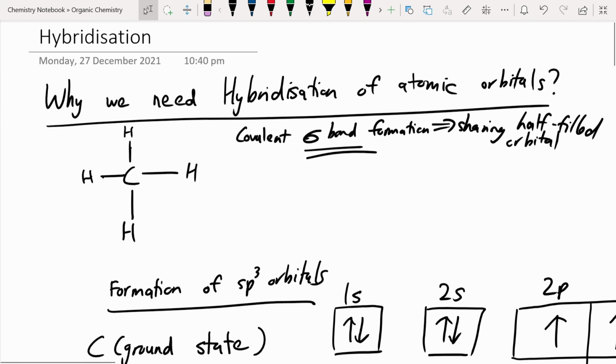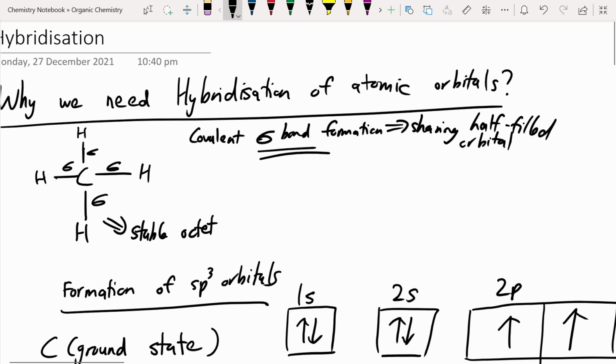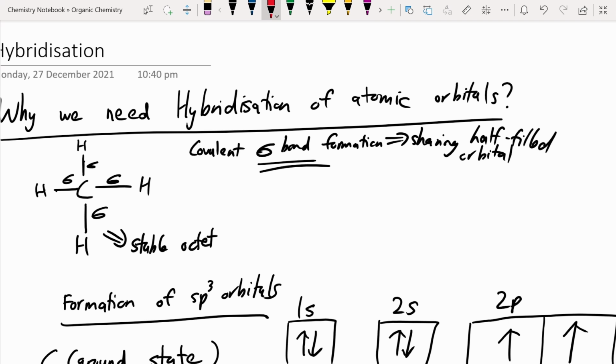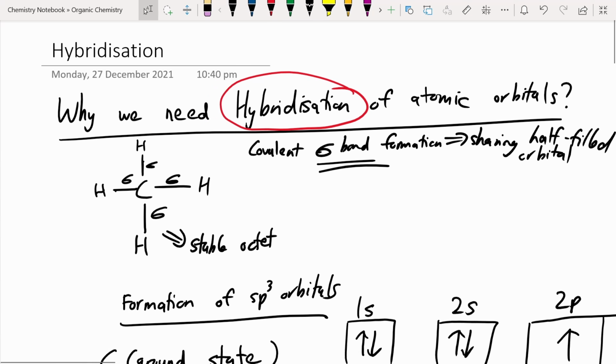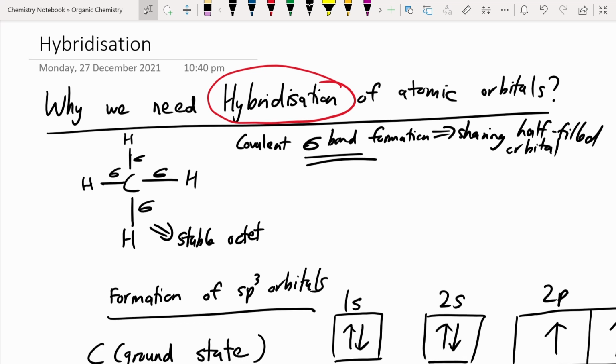But what we know is that carbon needs to form four of these bonds to achieve a stable octet electronic configuration. So that's where we need hybridization, so that we are able to form these four sigma bonds in carbon compounds.